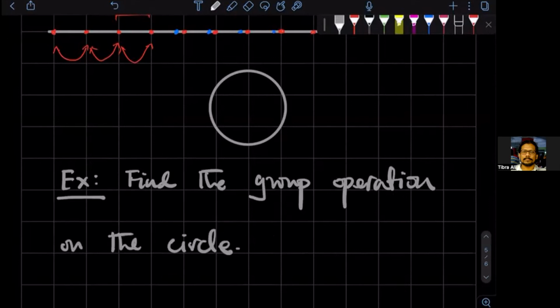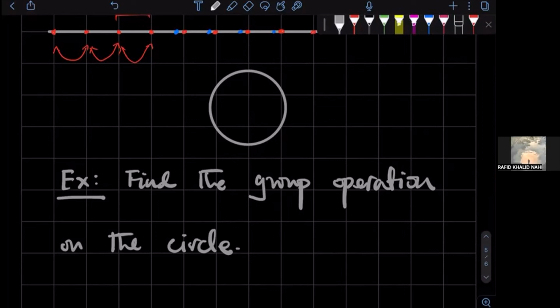So you are actually discovering a new group, a very interesting group that has lots of applications in physics as well as mathematics. Okay, so that's our review of the quotient.